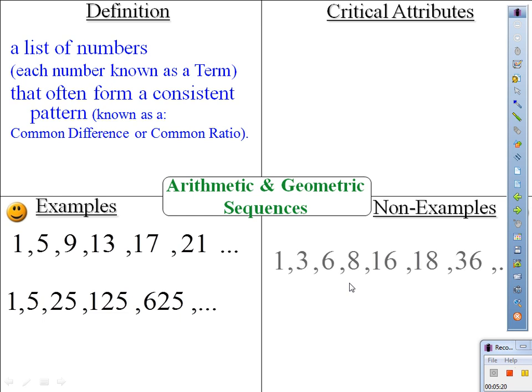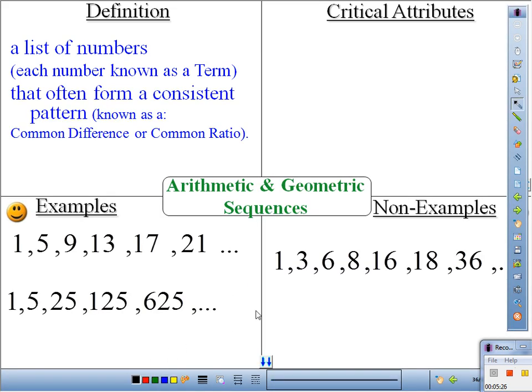Non-examples: 1, 3, 6, 8, 16, 18, 36. So let's see. Is it a list of numbers? Yes. Does it have a consistent pattern? Let's see, from here to here, from here to here. Looks like they're adding 2.